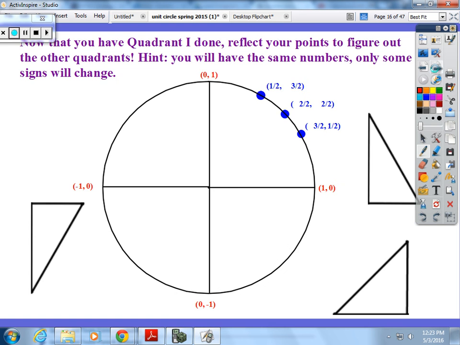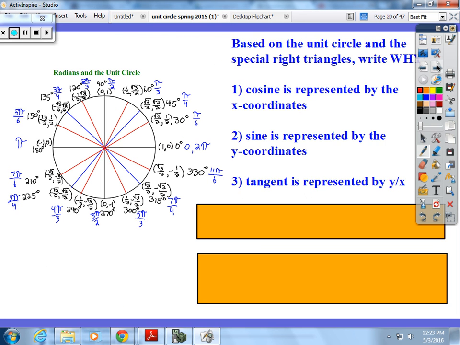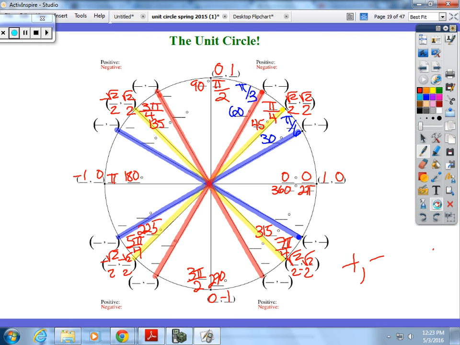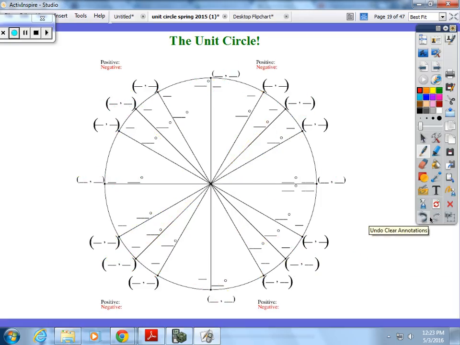So if you go to this one and start filling it in, you've got your 0, 360, 0, 2 pi. Move up to this. This was 30 degrees and pi over 6. This was 45 degrees, pi over 3. This was 90 degrees, pi over 2, etc. Just put the two circles together.